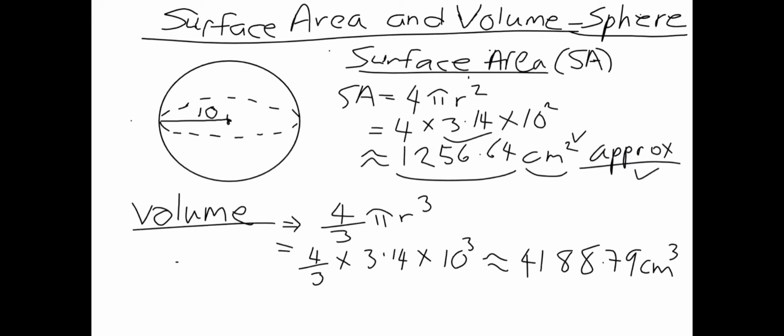So here we have 4/3 times 3.14, estimated to 2 decimal places, times 10 to the power of 3, which will be 1,000, and that total will be equal to 4,188.79 centimeter cube. And that will be the answer. And that ends all our surface areas and volumes for all the different objects in this chapter.